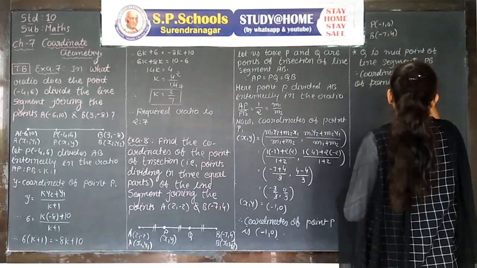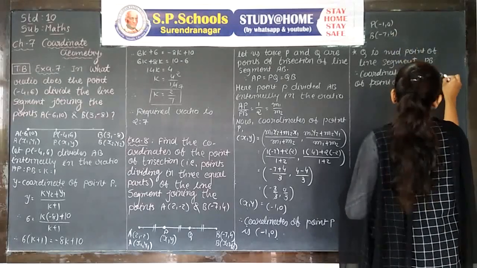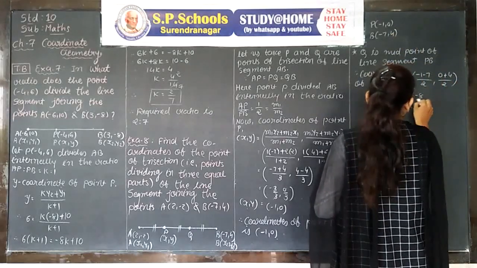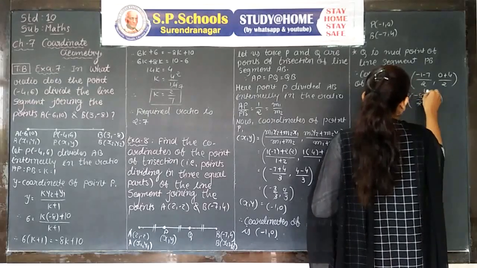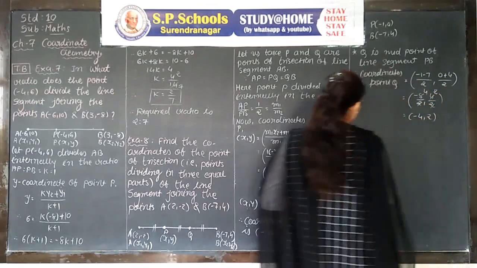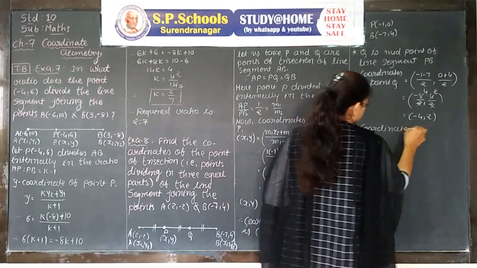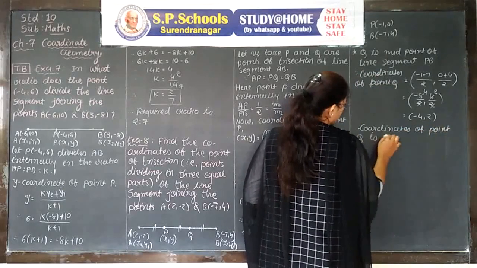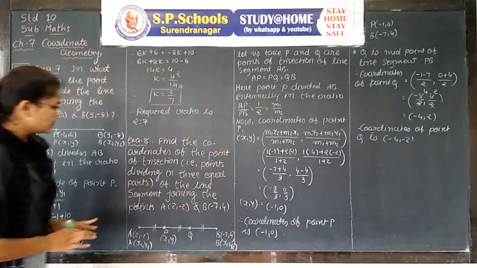Addition of x coordinates -1, -7 divided by 2, and addition of y coordinates 0 plus 4 divided by 2. -1 -7 is -8 upon 2, 0 plus 4 is 4 upon 2. 2 4s are 8 and 2 2s are 4, so it is -4, 2. That's why the coordinates of point Q is -4, 2. Now the answer is completed.